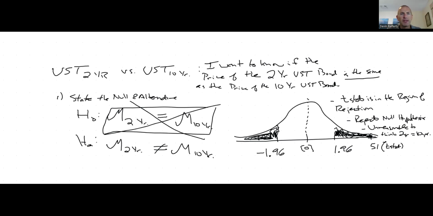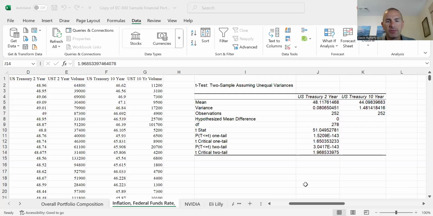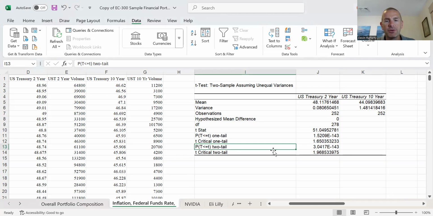Well, how confident am I in my results? I'm very confident because of my p-value. The p-value for a two-tailed test is 3.04 times 10 to the negative 143rd power.